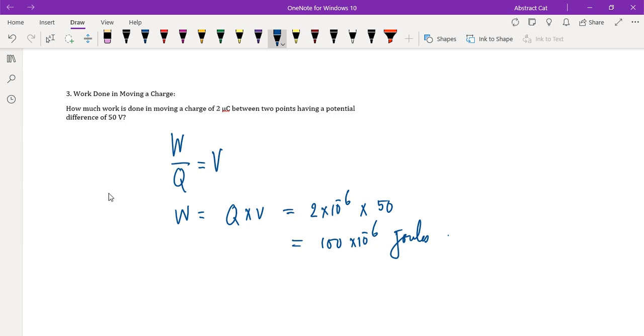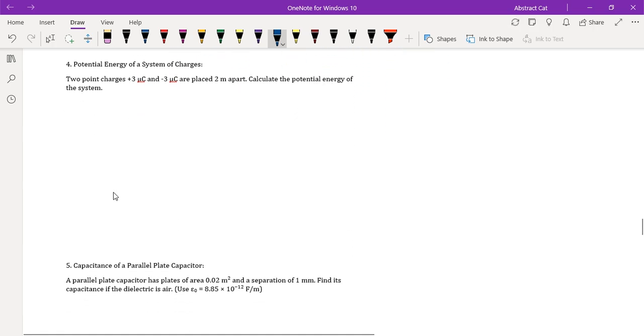Now question number 4. Potential energy of a system of charges: point charges plus 3 microcoulomb and minus 3 microcoulomb are placed 2 centimeter apart. Calculate the potential energy of the system.